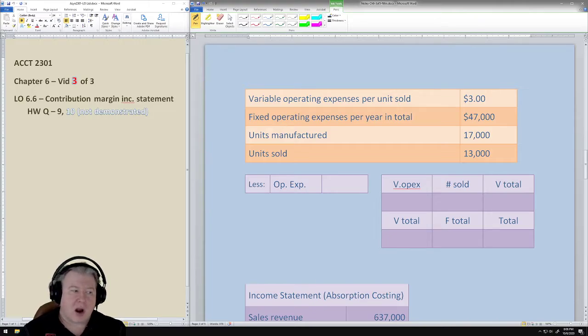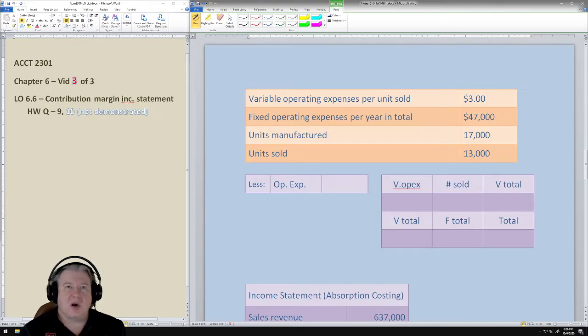Okay, so what are our operating expenses? Well, if you notice, this is a little bit different. We've got a variable portion and we've got a fixed portion. That's like saying the fixed operating expense may be the rent on your headquarters. It doesn't have anything to do with the factory, but that's going to be the same no matter how many units you produce. Well, variable operating expenses may be something like the utilities, maybe the lights.